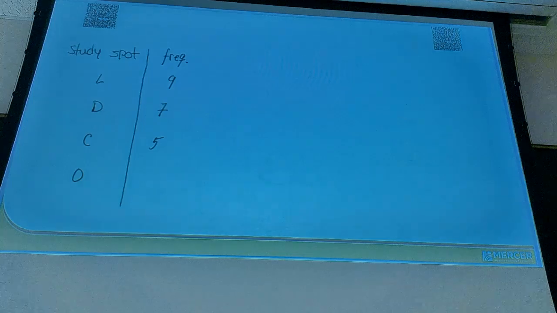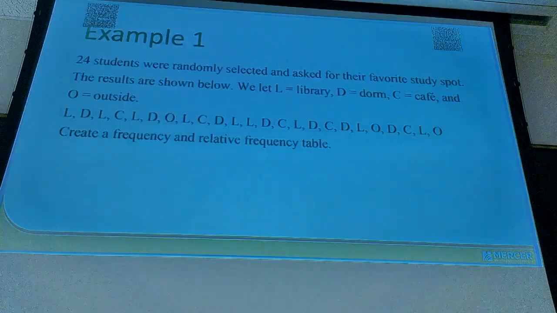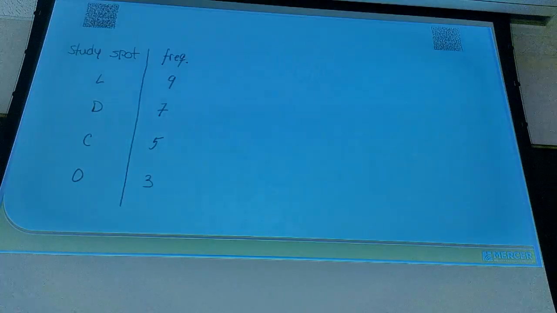That's going to be the outside, but that requires too much mental arithmetic. I counted 3. And then just check. Add those up and make sure you do get 24. 9, 7, 16, 21, 24. Okay.